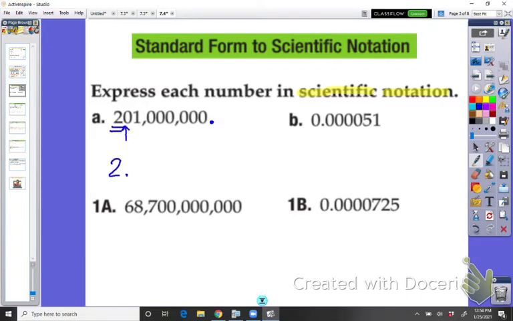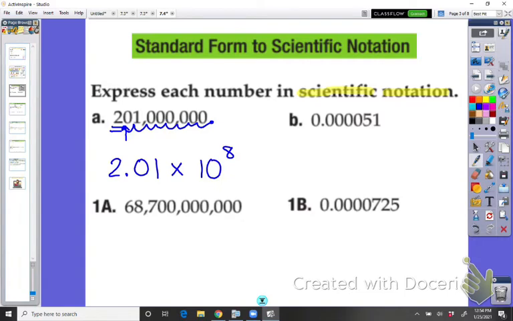So it's 2.01 times 10, and the number of swoops it takes to get to that point is our exponent. So this is 1, 2, 3, 4, 5, 6, 7, 8 times, and it is a very large number, a number that's bigger than 1, so it's a positive 8 power.